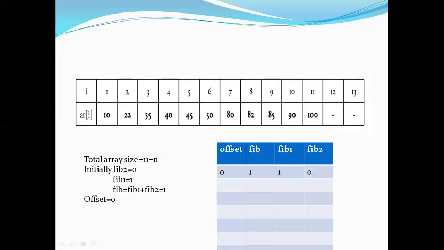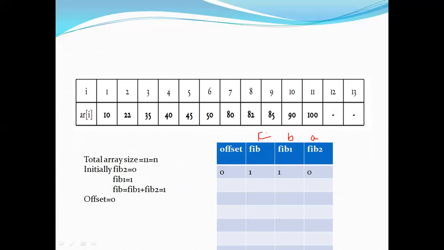Next, for the Fibonacci search, we need to take three numbers, as I explained already. This is A, which will be called Fibonacci 2, and this is B, which will be Fibonacci 1, and this will be Fib, that means C, sorry, so here I need to write C. A plus B will be added and we find C. Initially I have taken 0 and 1, and Fib is equal to 1.